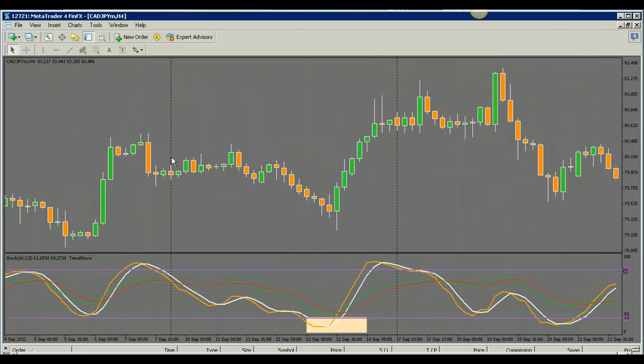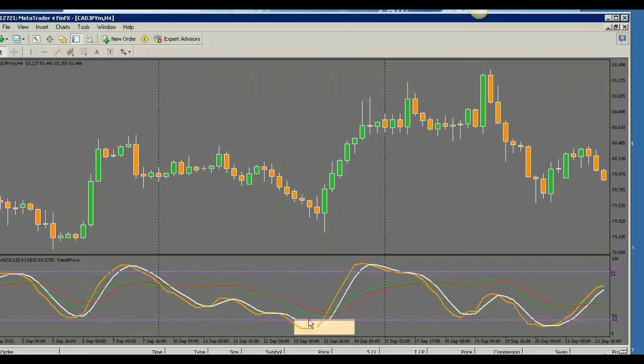Let's look for another reason. So far we have stochastics oversold, which is 1 reason. Number 2, we have a big shadow or bullish engulfing candle. That's 2. Number 3, it's also a color change candle after about 7 bearish candles going down. So that's 3 reasons.